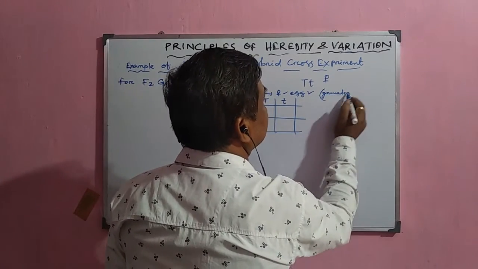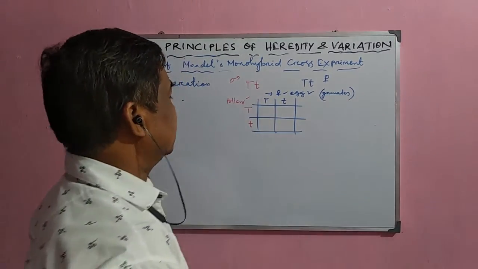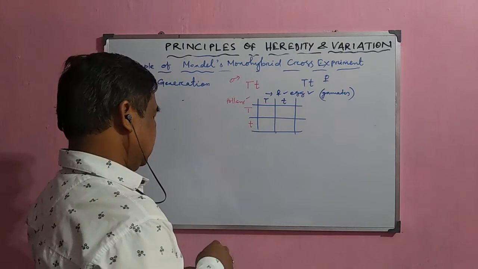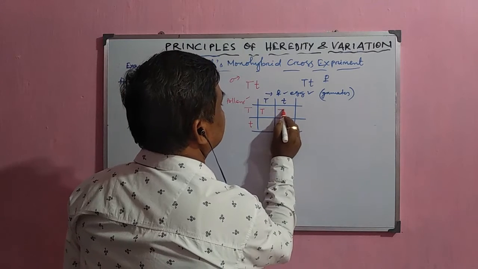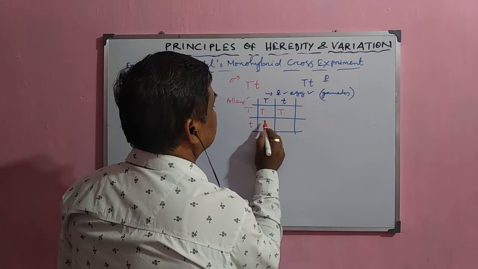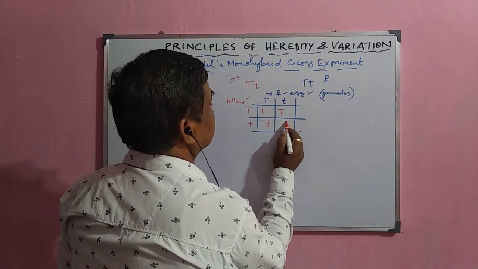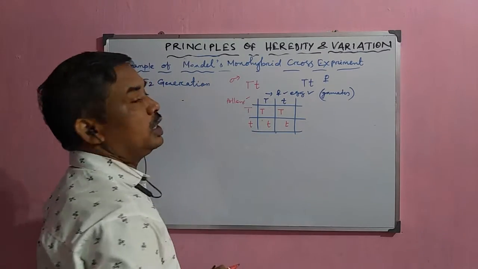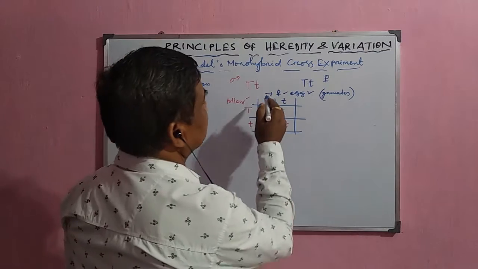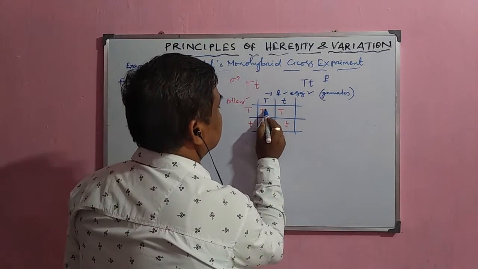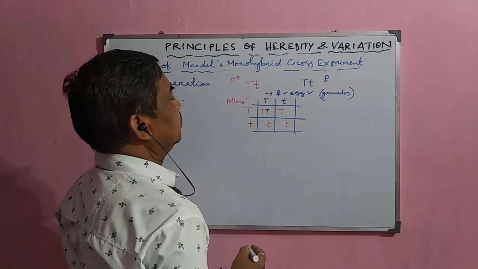And when these gametes fuse together, they will form capital T here and capital T here, and small t here and small t here from the pollen side. These are the pollen grains, and now each will combine with the egg cells.